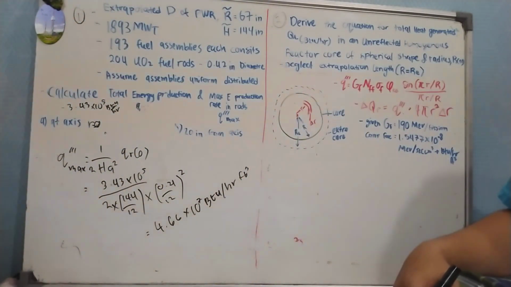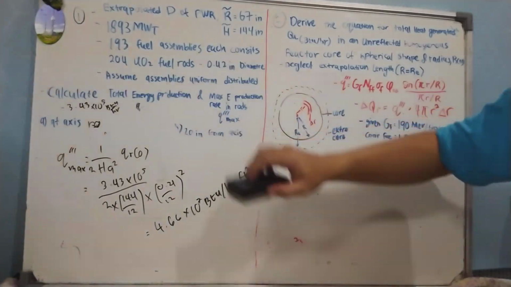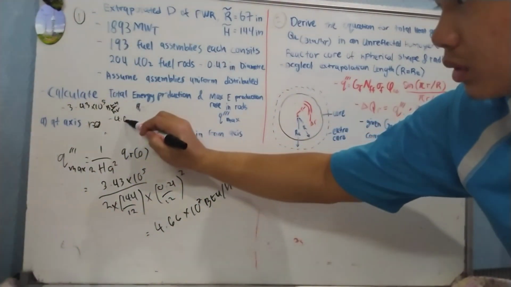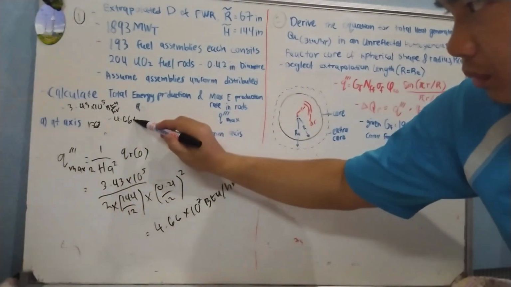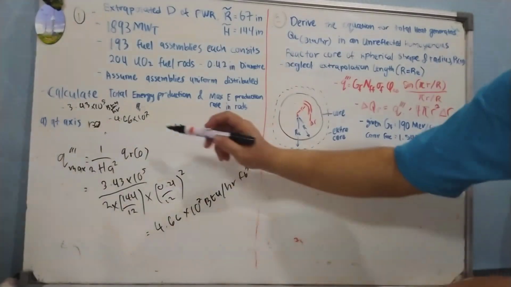So this is the Qmax at axis. We write this down first.